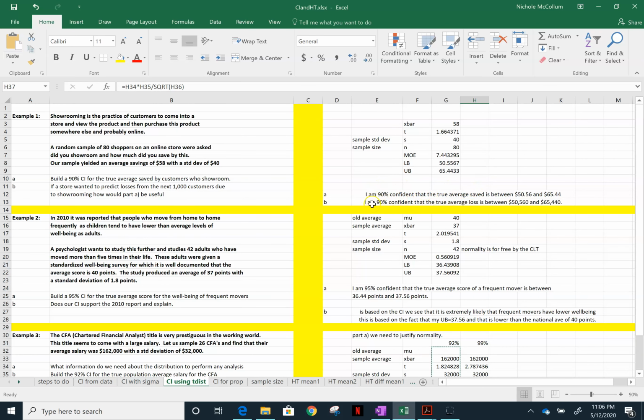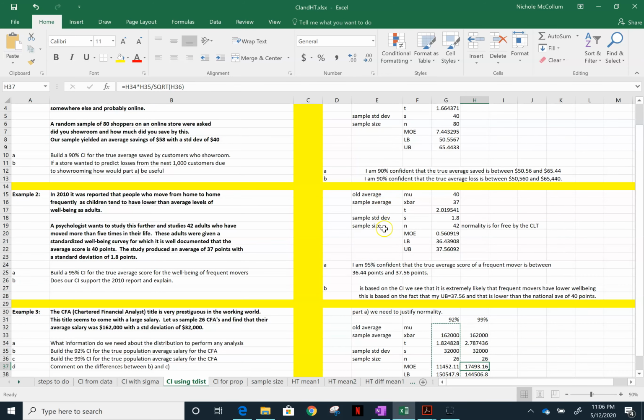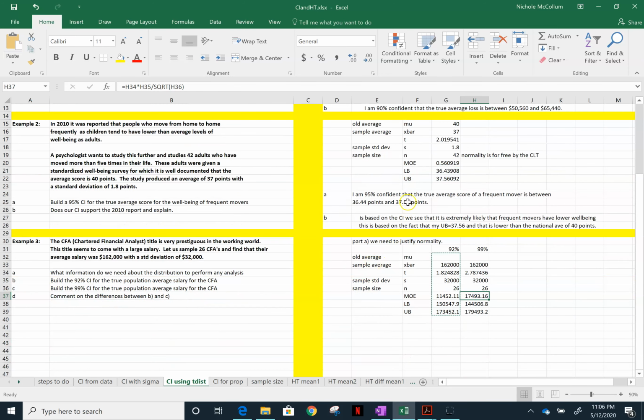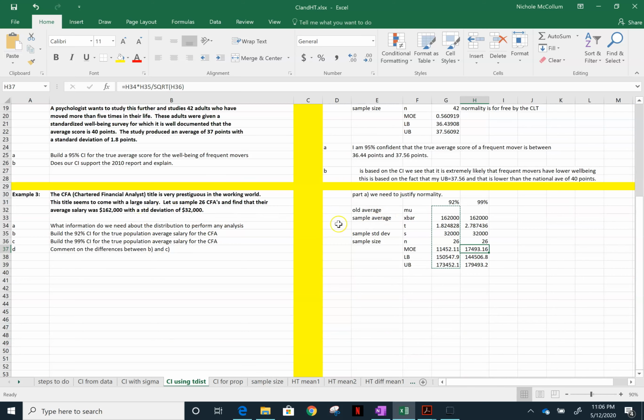We make some big time decisions out there as managers, as psychologists, as healthcare workers, as people trying to get a job based on data. And the more you understand a confidence interval, the better you'll be able to make your decision.